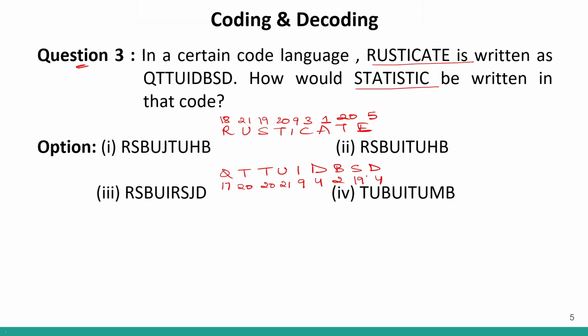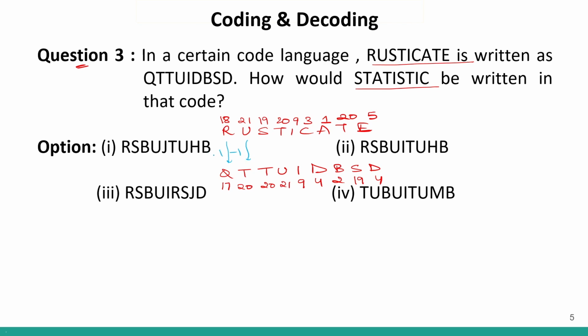Okay, these are your forward codes. Now I'm trying to find a pattern. So if I'm looking for patterns, basically I can see this is +1, this is -1, correct?